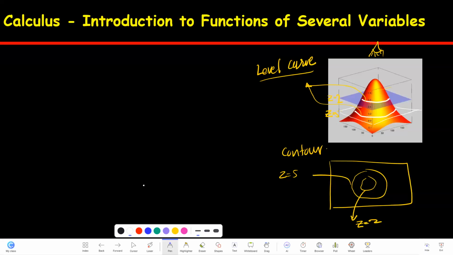Give me a second. I'm going to show you one real example of this contour and level curve.